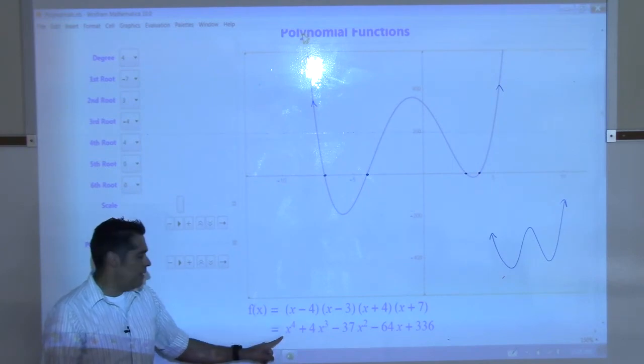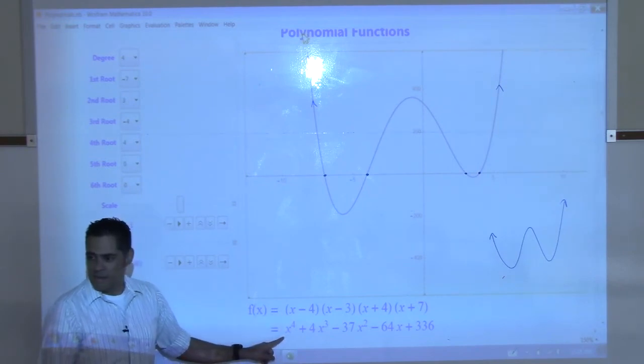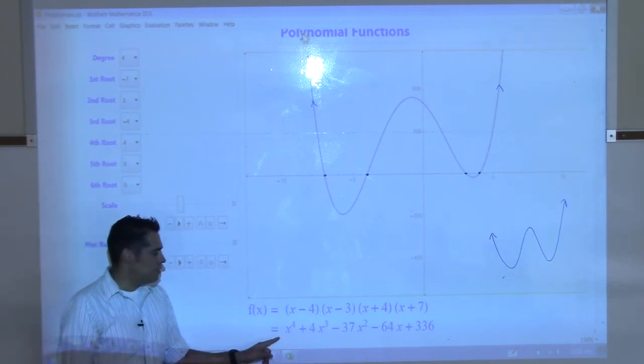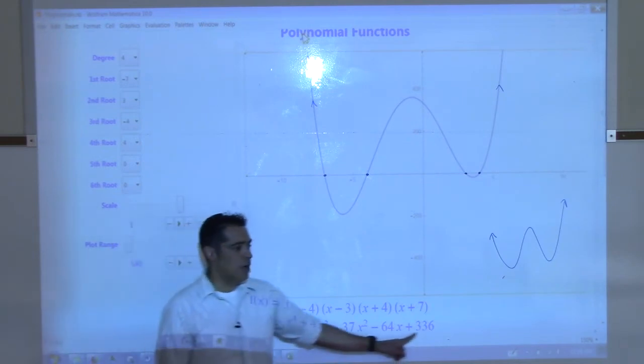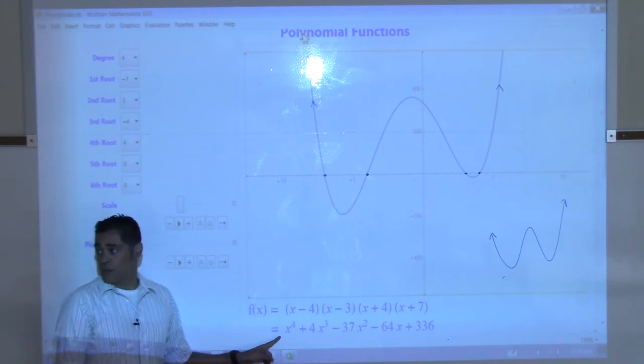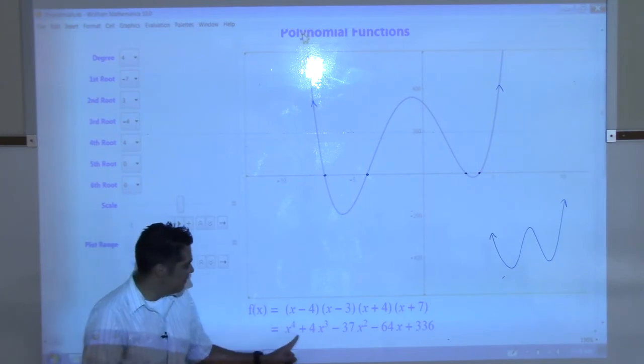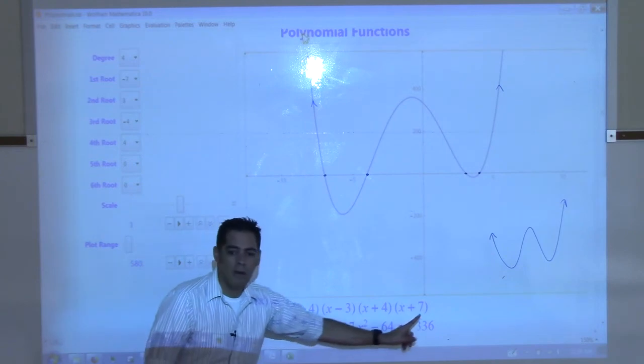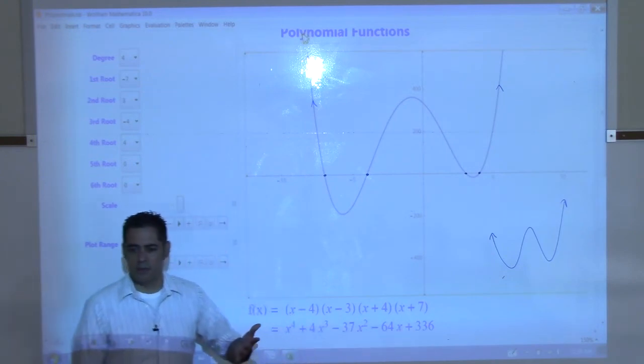Now, do we know how to factor this? What methods have we learned? When we factor, the first thing we do is what? Greatest common factor. Here, we would not have one. Then what do you do? You count the terms. How many terms do you have? 5. How do we factor 5 terms?